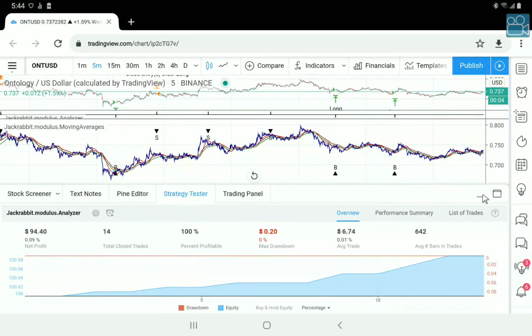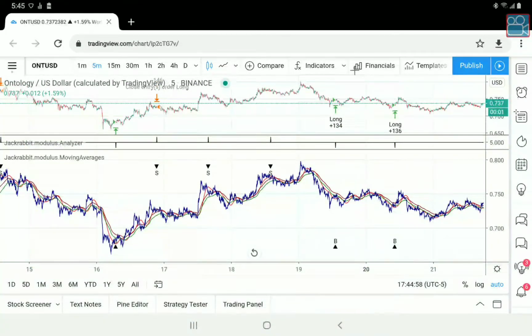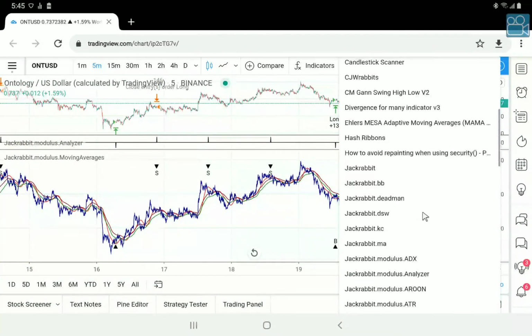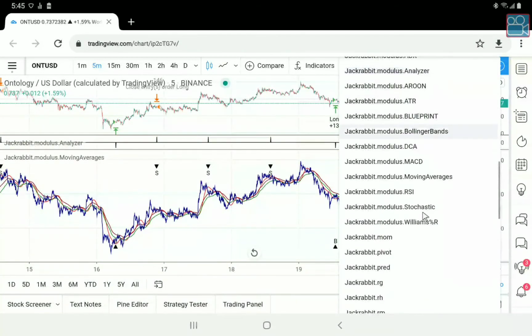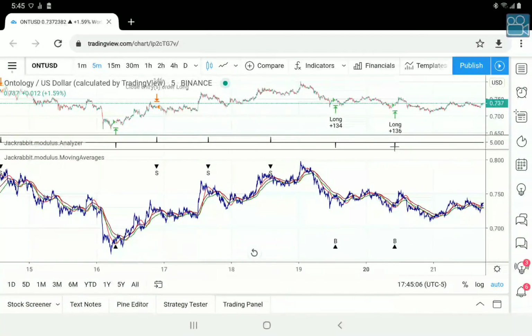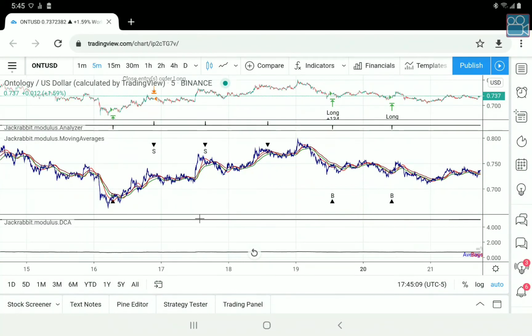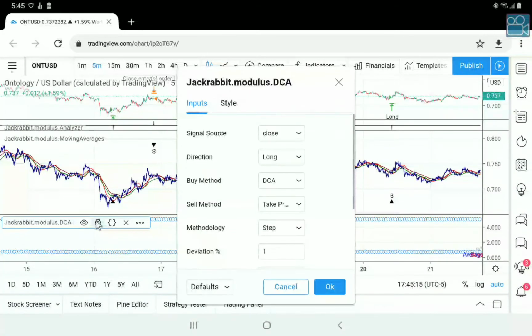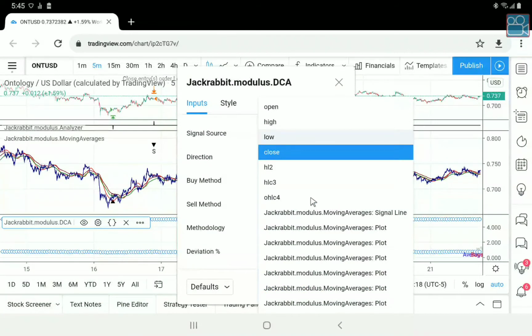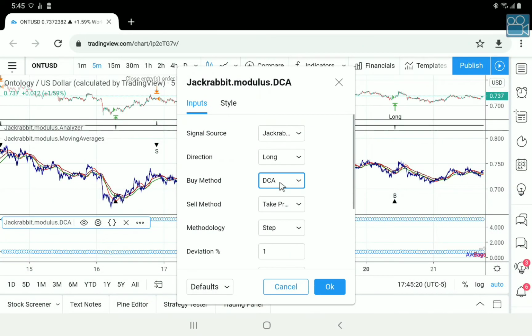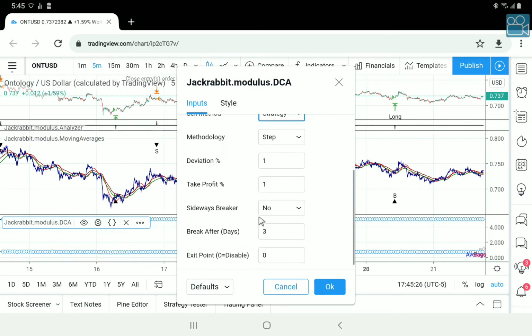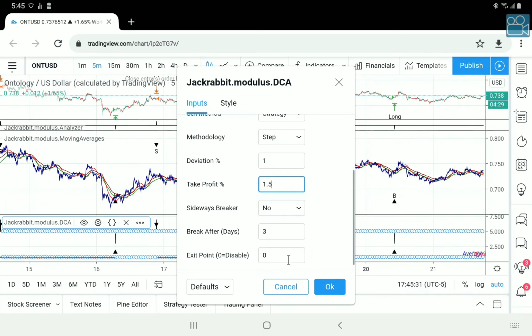Now, let's do a reduction phase. Let's add dollar cost averaging. Though we don't need to add dollar cost averaging. Let's face it, this is pretty good the way it is. But let's see if dollar cost averaging will actually give us a good reduction. I want a minimum of 1.5 and I want no more than 11.